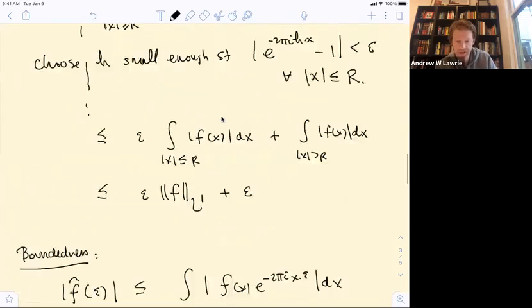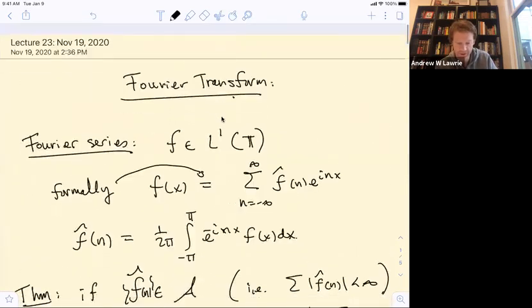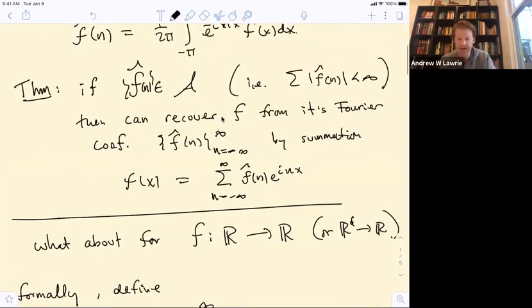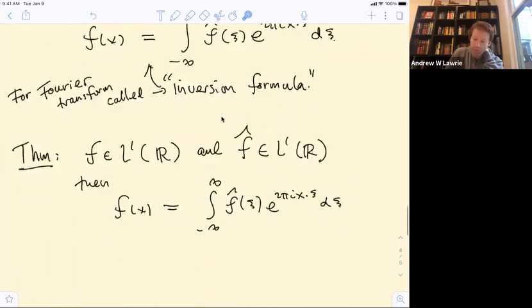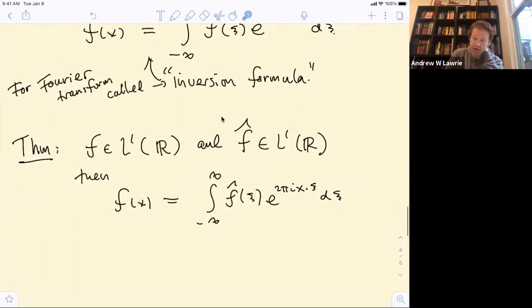Just like the theorem that we proved for Fourier series was not the strongest theorem for which we obtain uniform convergence. Remember, we only needed C alpha for alpha bigger than 0 to get uniform convergence. So you're right. What's really going on here is that we'll need some decay hypothesis for f and for f hat for this to hold.